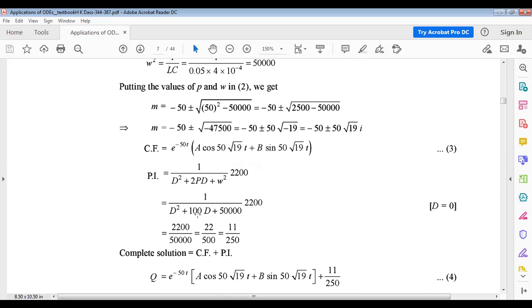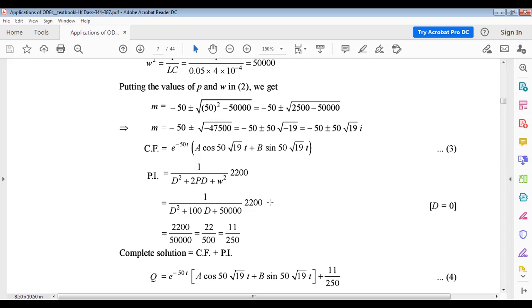So 1 by D square plus 100D plus 50,000, with capital D equals 0. Why capital D equals 0? Here, putting the value of p equal to 50 and omega square equal to 50,000, we get this. Here you can write e to the power 0 into t.